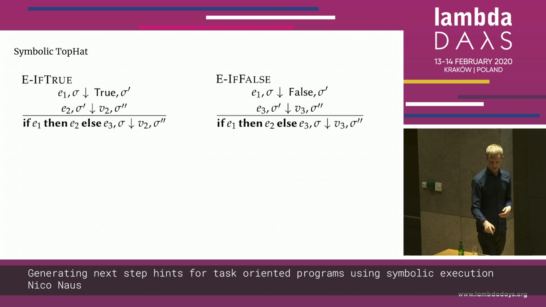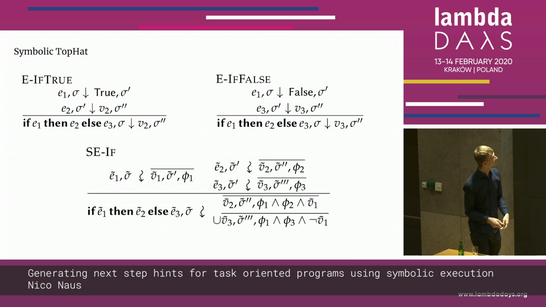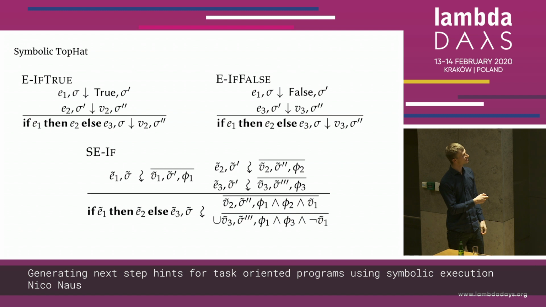So instead, we'll take both branches. So we calculate E1, which gives us a symbolic result. Then we'll calculate E2 and E3. And we say we can have result V2 if V1 is true, or we have V3 if V1 is false, actually.